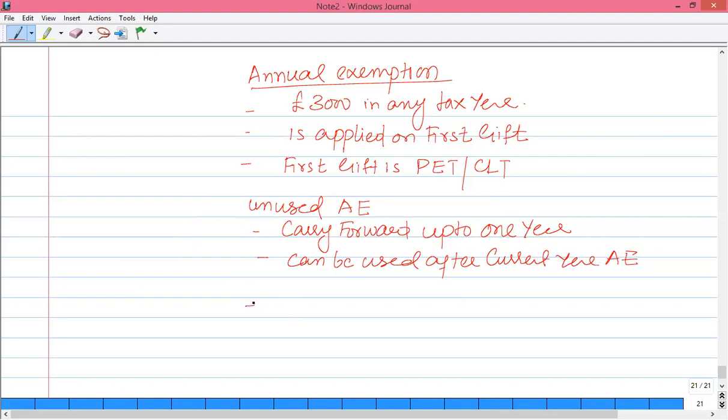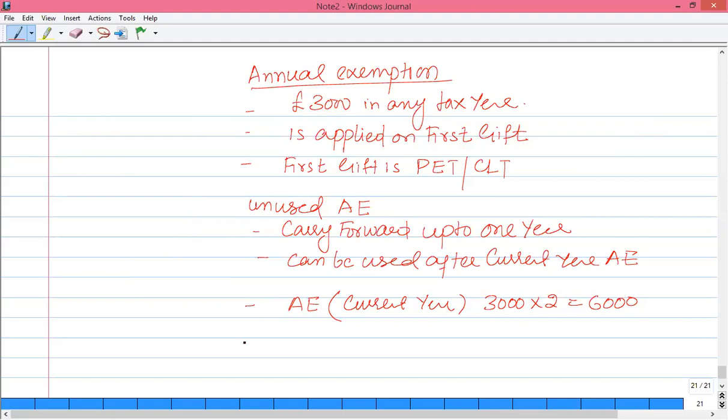So if there is no gift in a previous year, then annual exemption for current year is 6,000. One for the current year and one that is carried forward from the previous year.